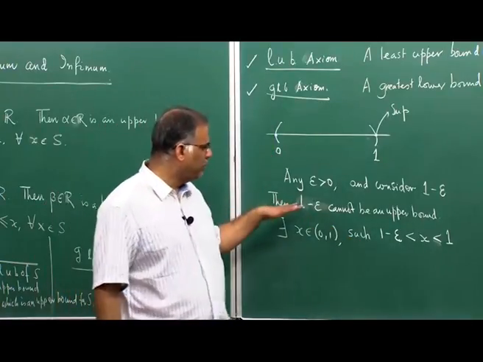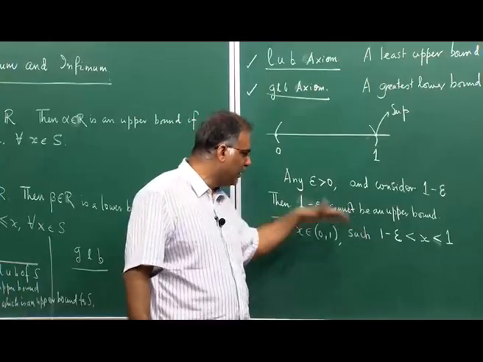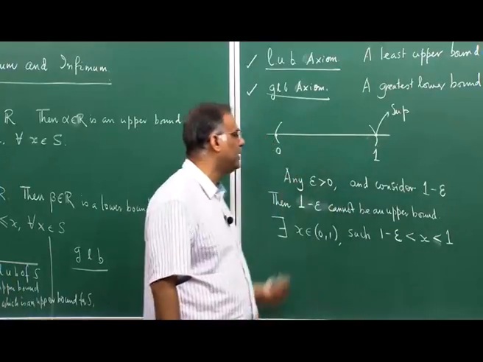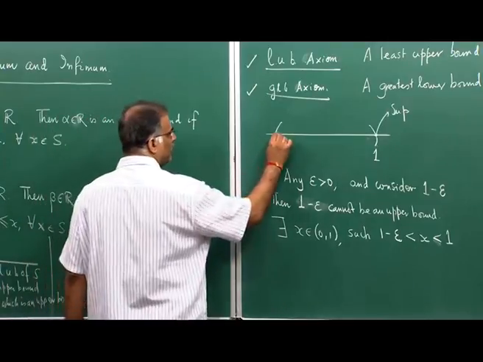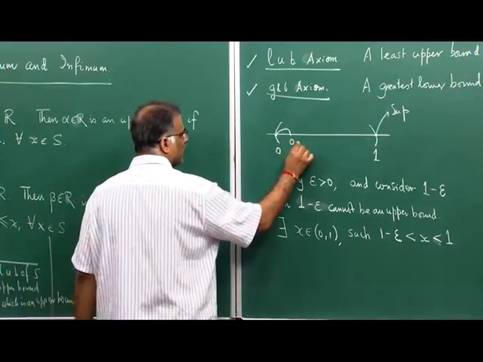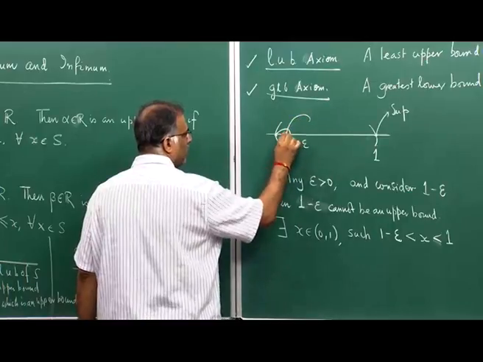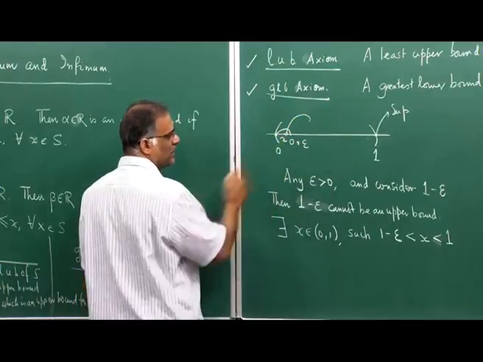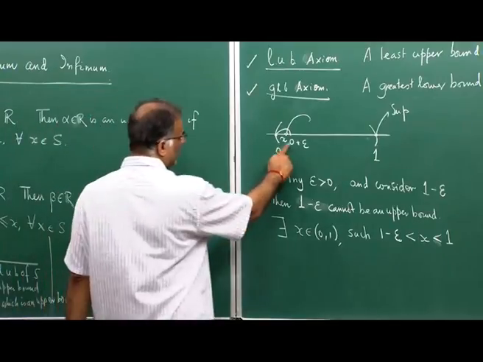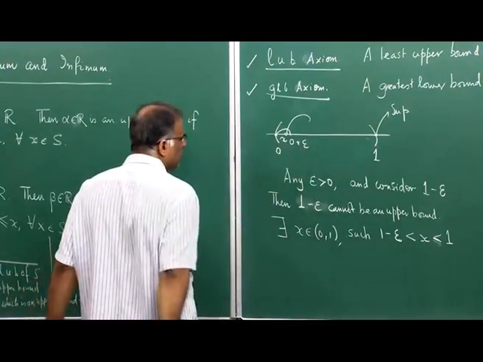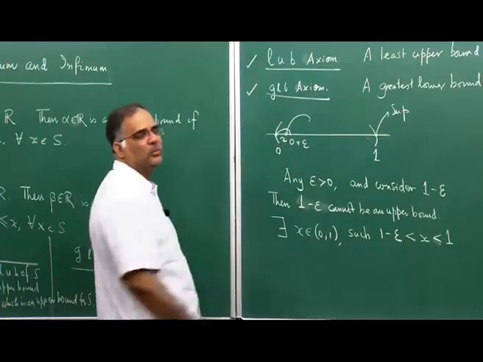Then only can you break the fact, then only 1 becomes the least upper bound or the supremum. Similarly, for 0, if you increase the value of 0 to 0 plus epsilon, there must be some x which is strictly less than 0 plus epsilon, which breaks the fact that this new number 0 plus epsilon cannot be a lower bound.